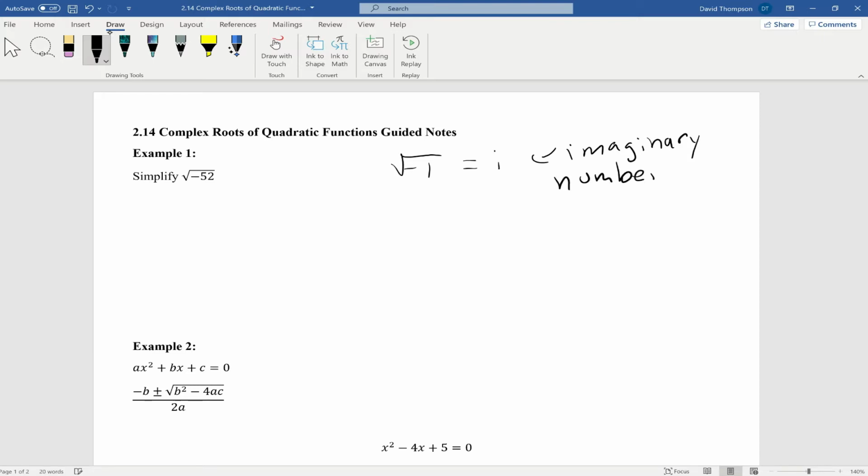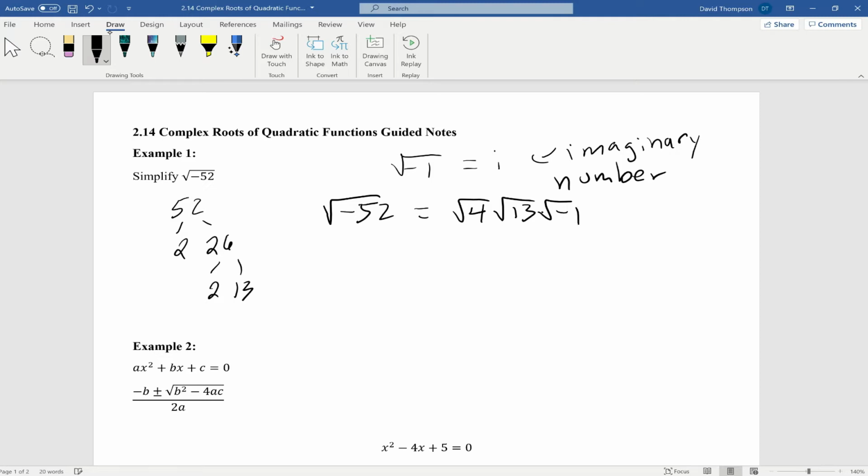So let's simplify the square root of 52. 52 we know is 2 times 26, and 26 we know is 2 times 13. So let's break down negative square root of 52. Negative square root of 52 is the same thing as saying square root of 4 times square root of 13 times square root of negative 1.